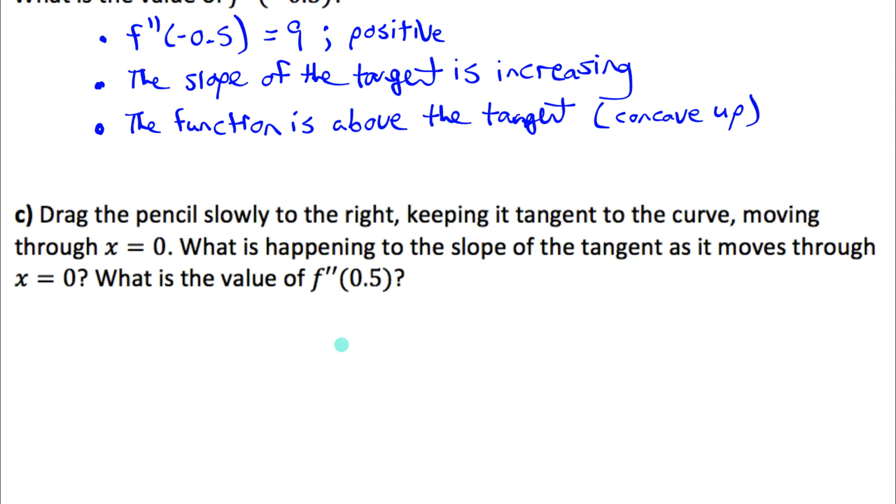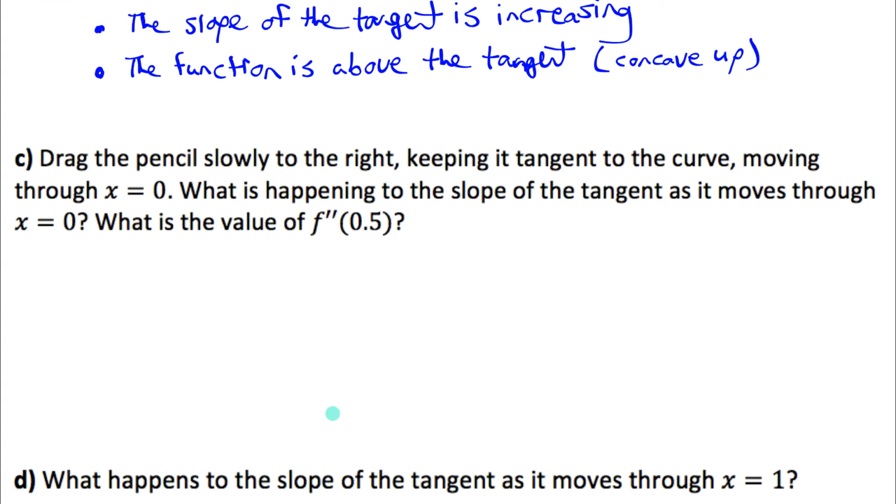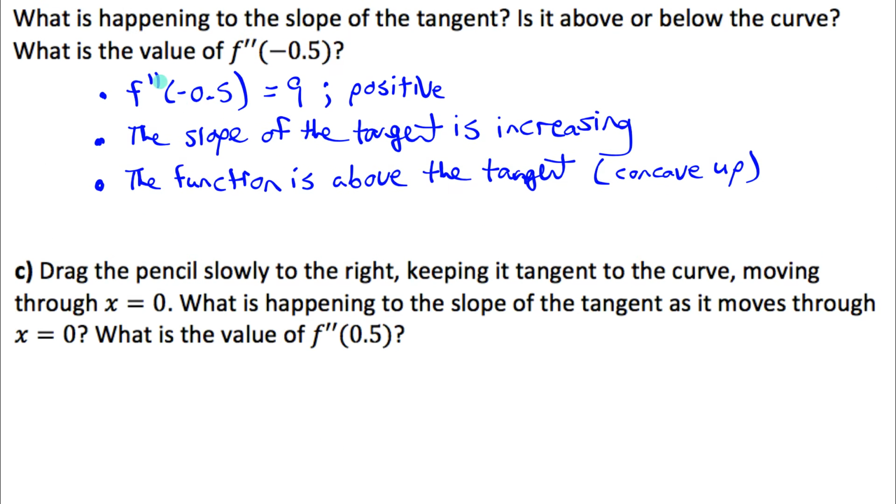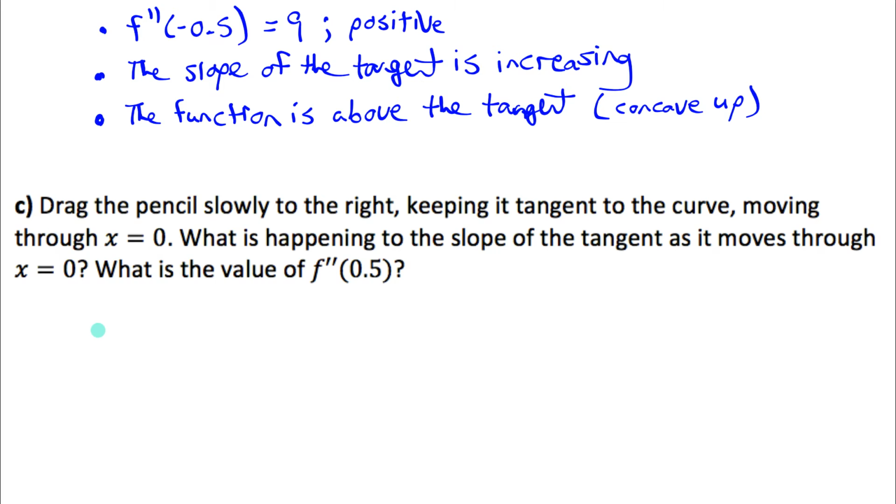And as we drag it through that section, what is happening to the slope of the tangent? And what is the value of the second derivative at 0.5? Okay, well, let's do the calculation first. So we did f double prime at -0.5, and we got 9. I wonder what f double prime at 0.5 is.